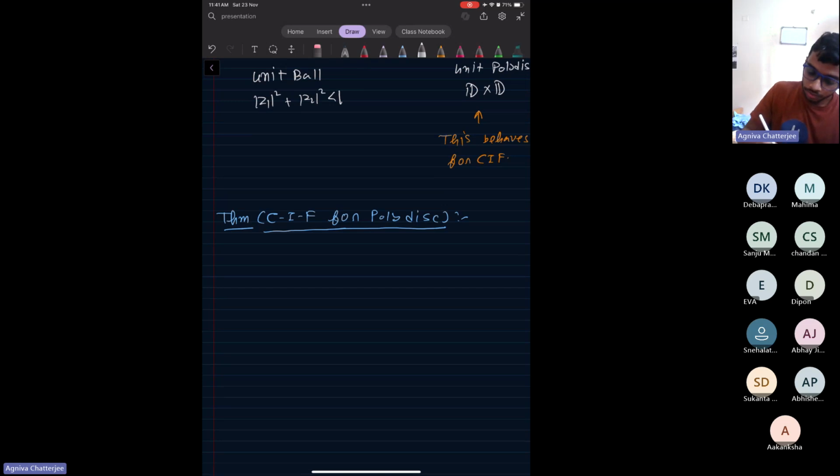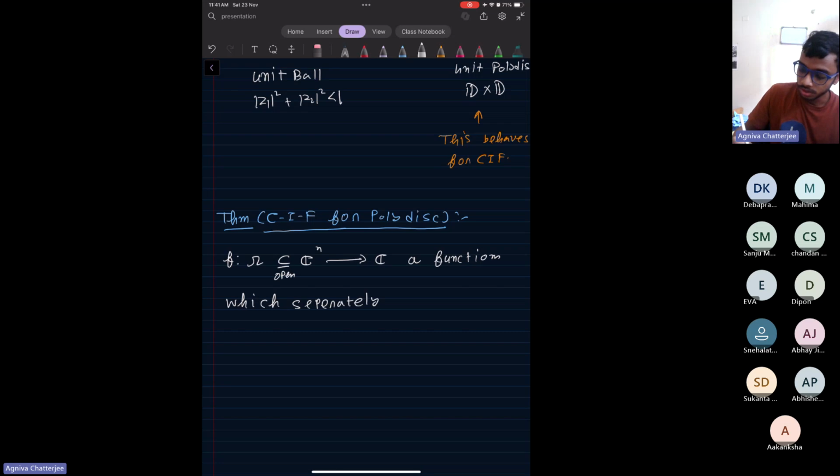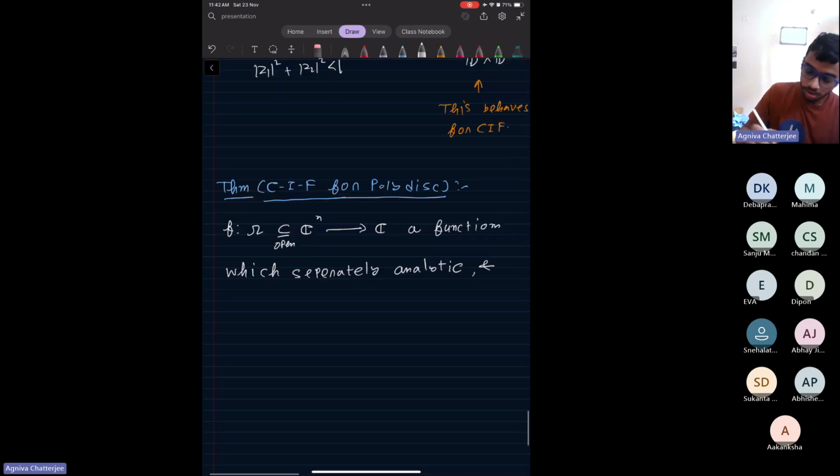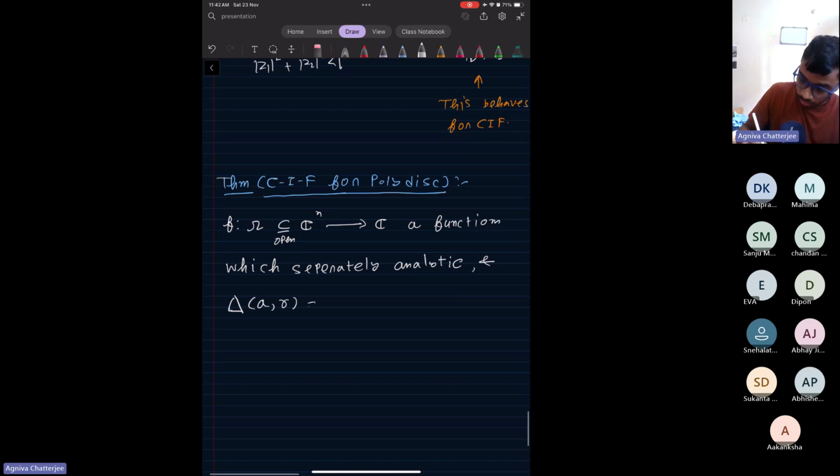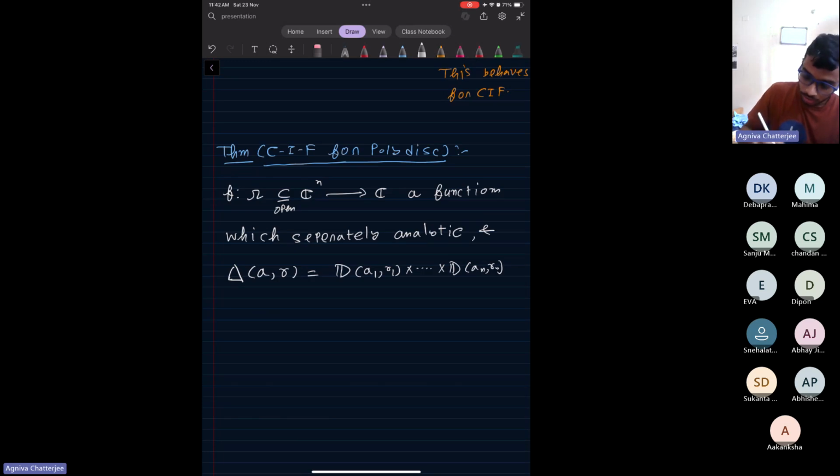So what does it say? It says that if f is a function from Ω, a subset of Cn, open set, to C, which is separately analytic, which basically means, as I have already explained, that in each variable it satisfies the CR equation, and Δ(a,r) is a polydisk, defined as D(a1,r1) cross ... cross D(an,rn), such that the closure of the polydisk is inside Ω.